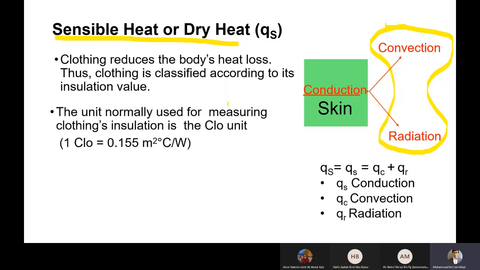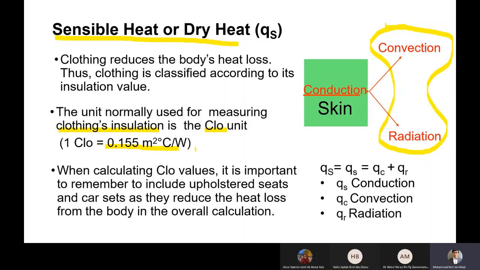When we evaluate this heat loss, we use clothing insulation with a specific unit, the CLO. CLO stands for clothing. 1 CLO corresponds to about 0.155 square meter degree Celsius per watt. That is the unit. The equation related to clothing insulation is incorporated when we find the heat loss through convection and radiation.